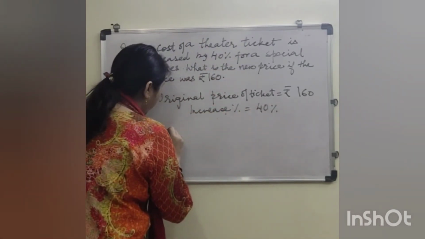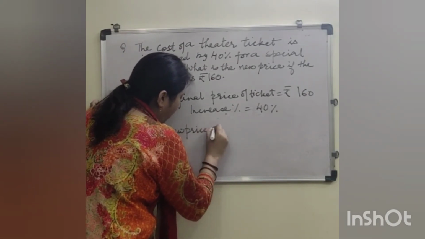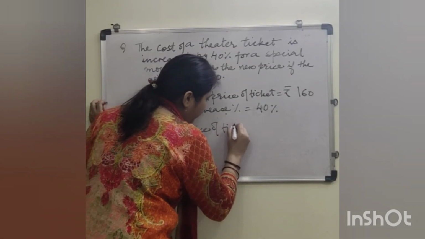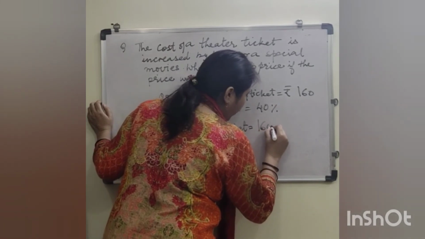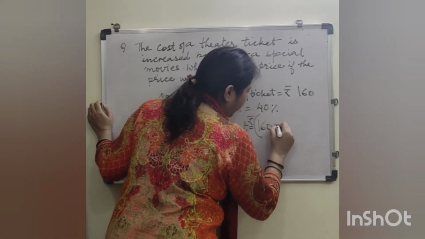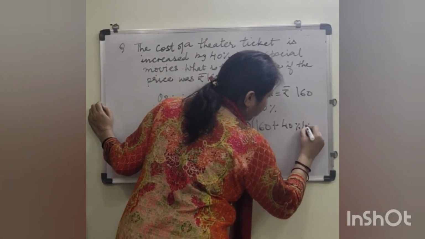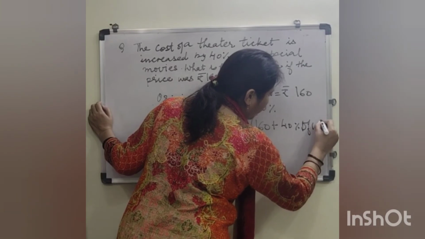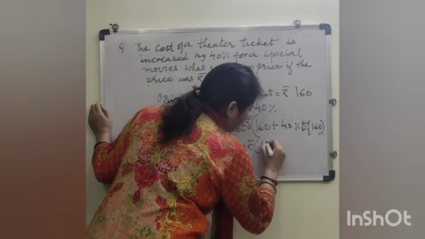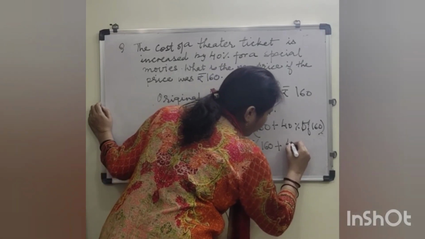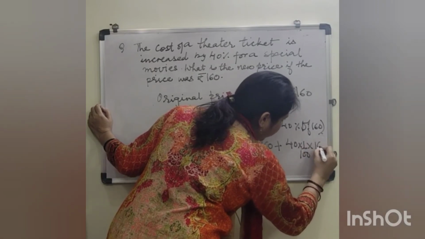So the new price of the ticket is equal to the one which you were paying earlier, plus 40% of what you were actually paying, 40% of 160. It is equal to rupees 160 plus 40 multiplied by 1 by 100 into 160.